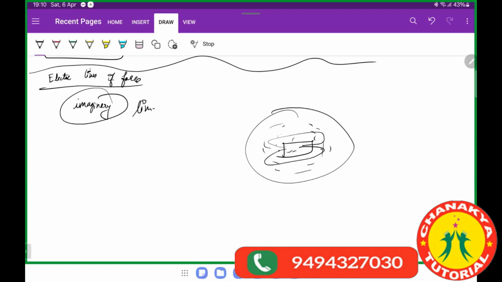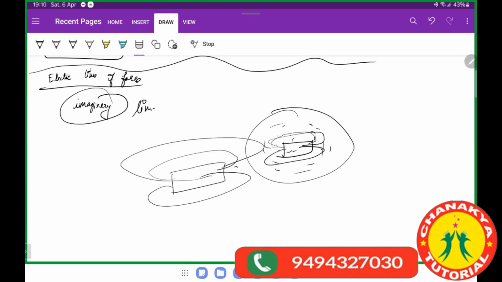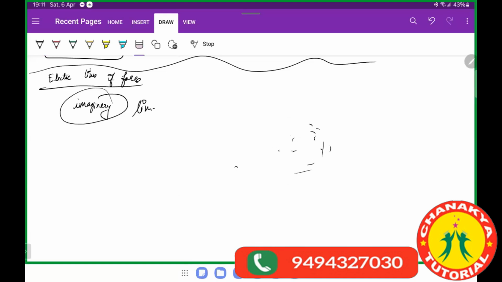In that, we saw the filings gathering around the magnet. With that, we made the idea that there are magnetic field lines around the magnet. Likewise, this is also an imaginary line.